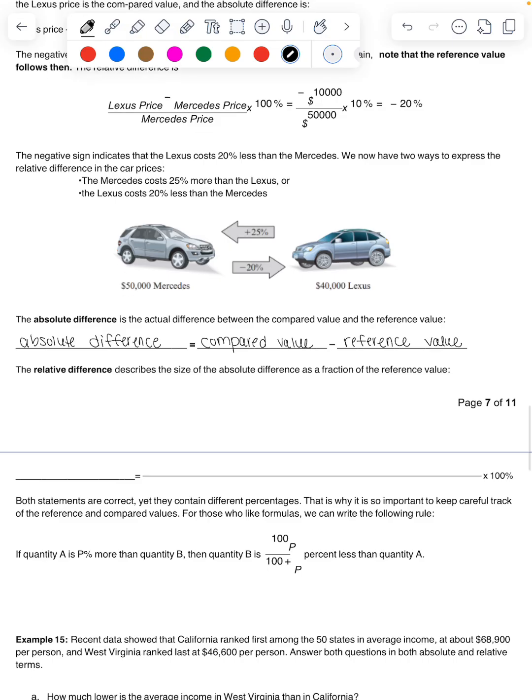And our relative difference is going to be our compared value minus our reference value, divided by our reference value, times 100.